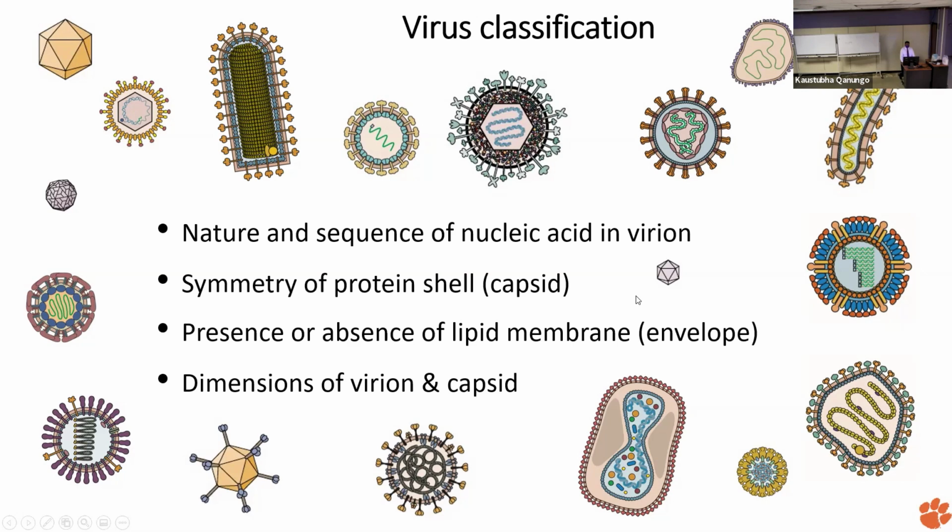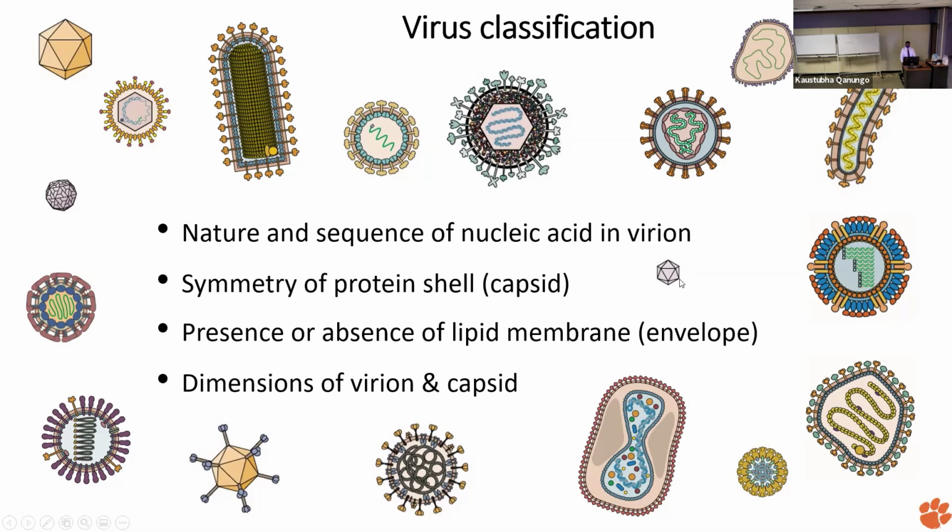If you look at this picture particularly, right here, there's a naked virus, and this one we call icosahedral symmetry. These are the typical polyhedrons, and these polyhedrons are known as icosahedral. They have 20 faces, each an equilateral triangle. You can just look at that.